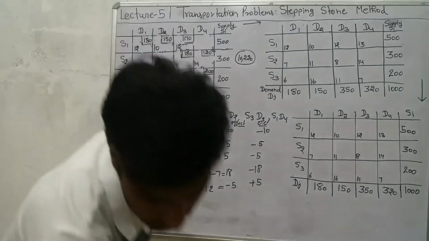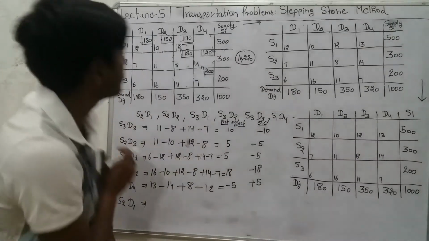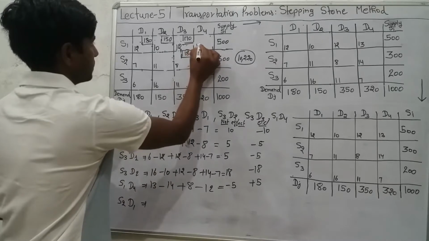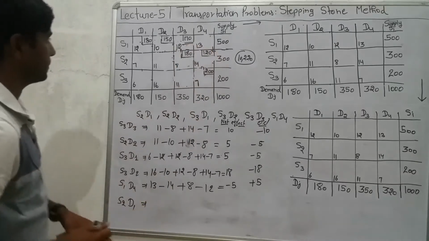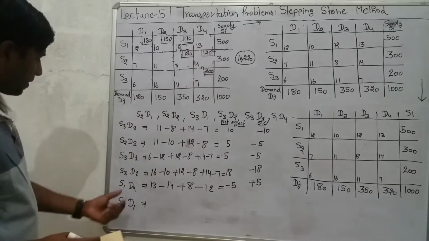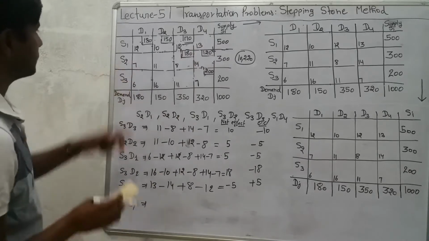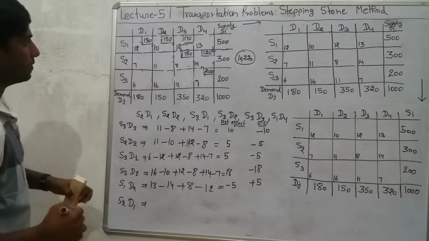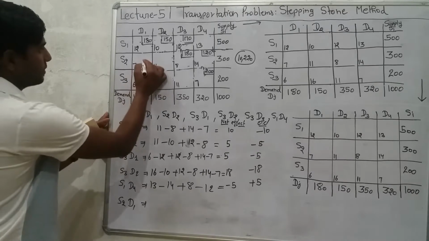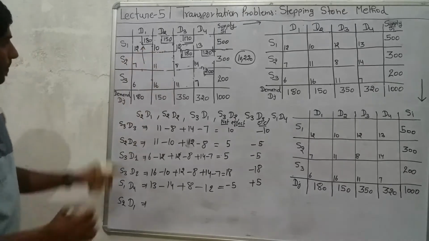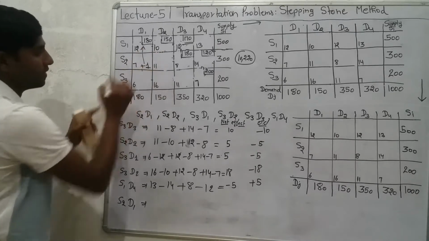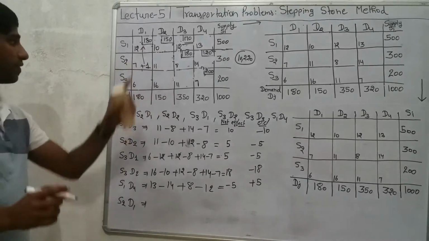If you remember, what was the value? It was, I think, 13. Yes, it was 13. Right. Okay. For S2D1, this cell, we have to calculate the opportunity cost. Just start clockwise, move in this direction. Put a positive sign, positive 1 here, because we are allocating 1 unit to this cell.